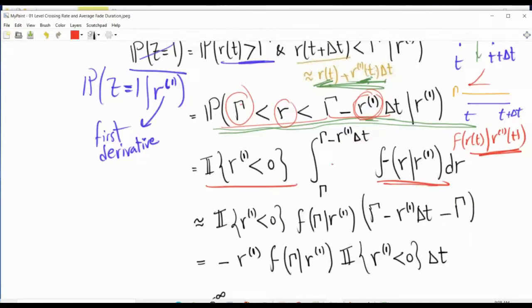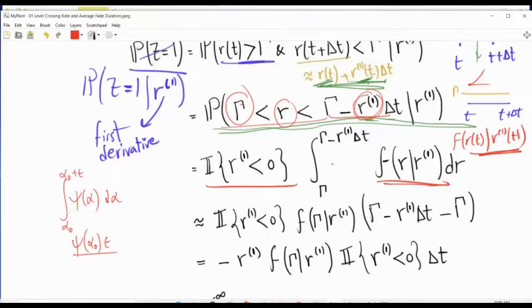More approximations: delta t is very, very small. If you are integrating a function, say psi of alpha, from alpha 0 to alpha 0 plus epsilon, and epsilon is very small, then for a nice function this is approximately psi of alpha 0 multiplied by epsilon.